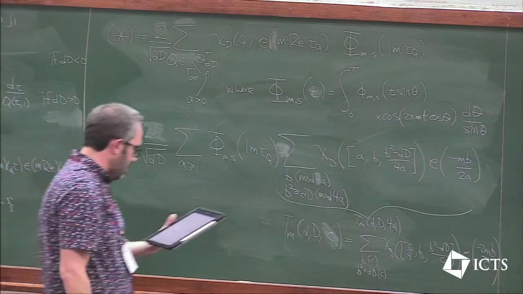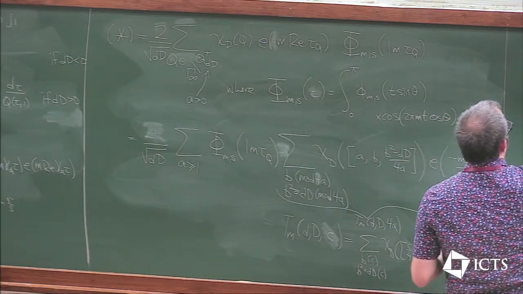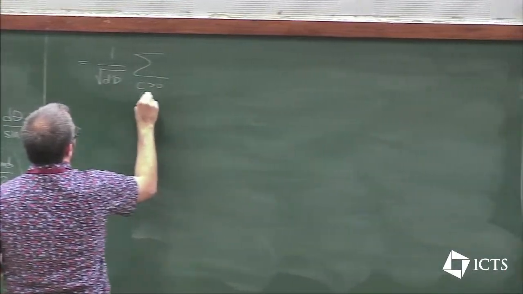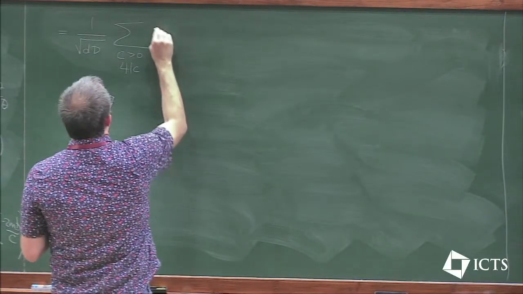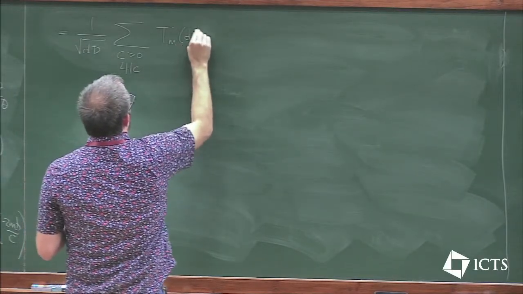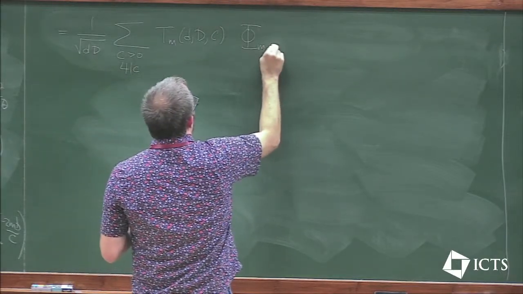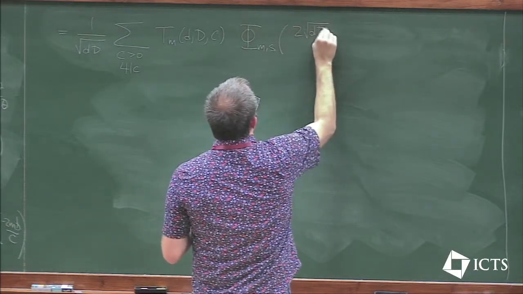Okay, so what we end up getting here is now 1 over the square root of little d times big D, sum over all positive c's that are divisible by 4 of Tm little d big D c times phi m s of 2 square root of little d big D over c.